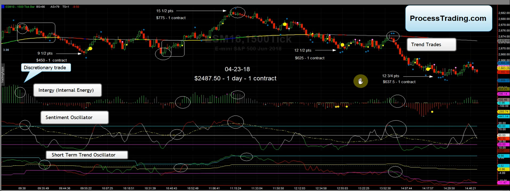So our last trade today that I'll show you right here is a trend trade. For the trend trade, remember, we have a gray Process Trading VWAP line, and it has red. When it's gray and we have a red indication prior to the timing alert dot, that means we can take a trade to the short side.